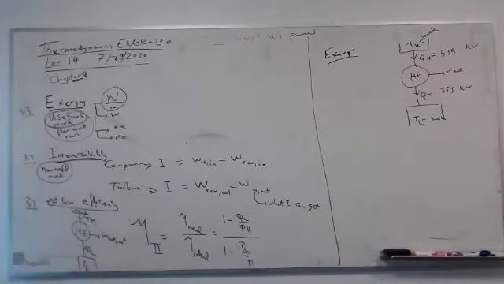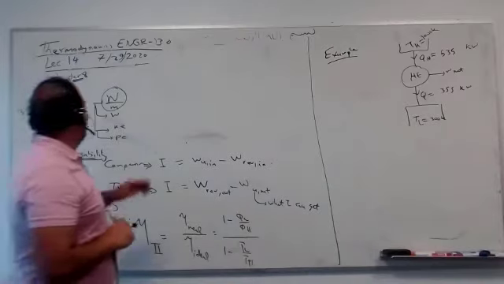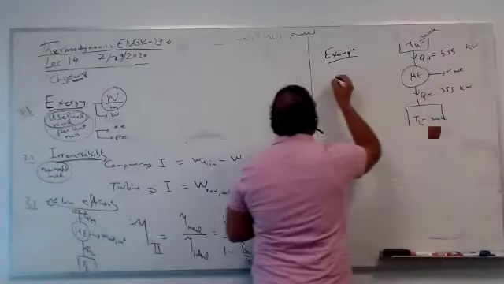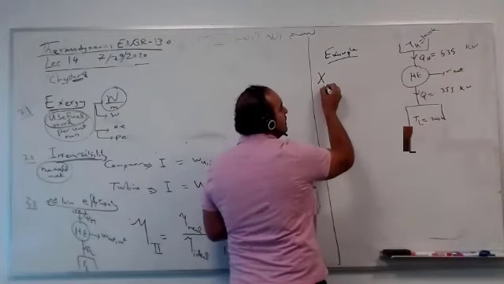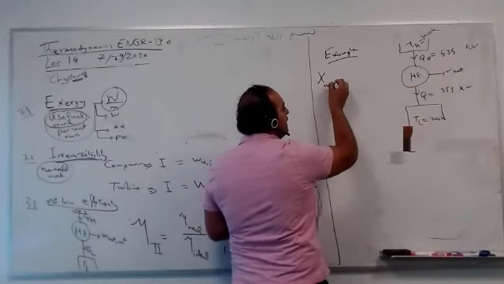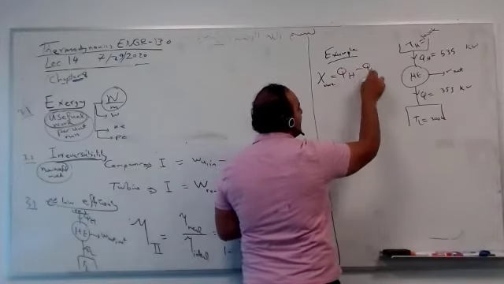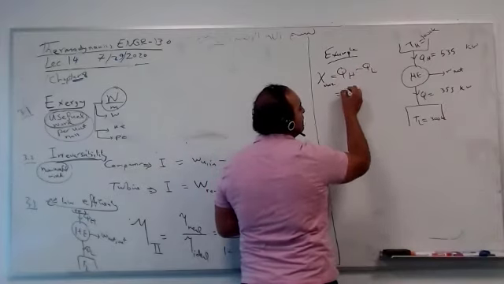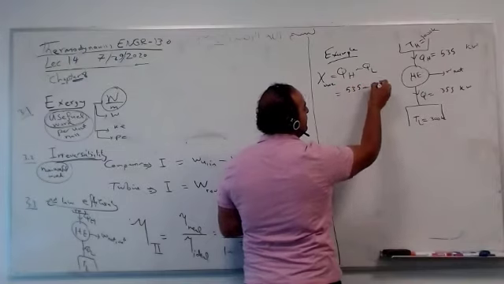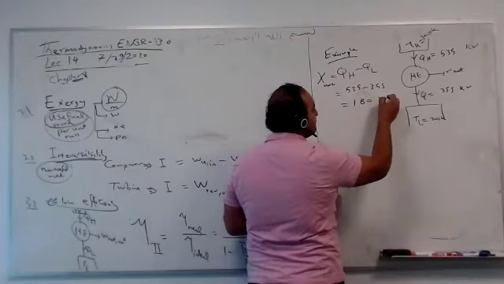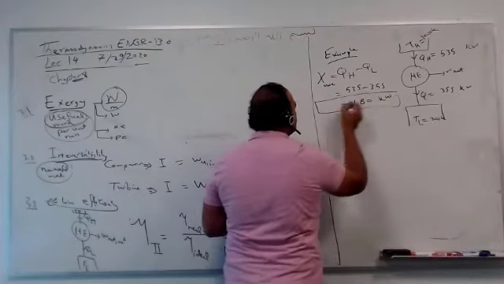Three of them. For the first one, exergy, useful work. So exergy is equal to Q high minus Q low, which is 535 minus 355. It's 180 kilowatt. That's it.